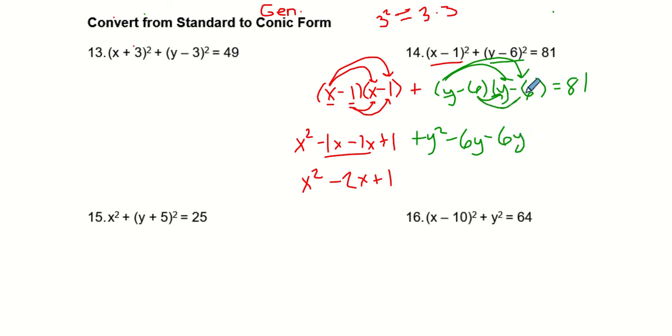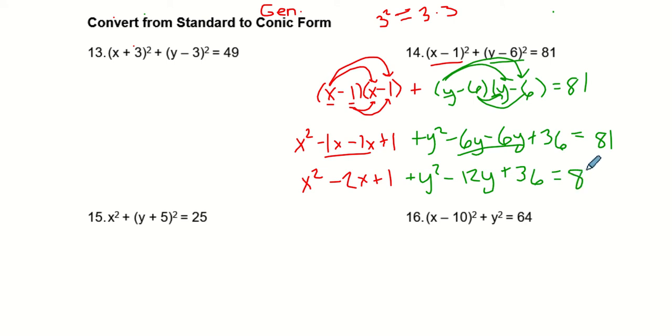And then negative 6 times negative 6 is positive 36. And I'm just going to put equals 81 over here. Then we combine these like terms and we get y squared minus 12y plus 36, and then equals 81.